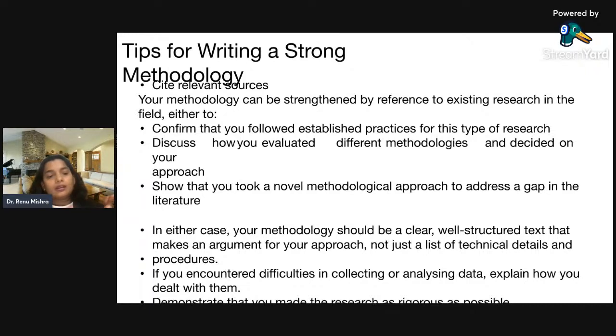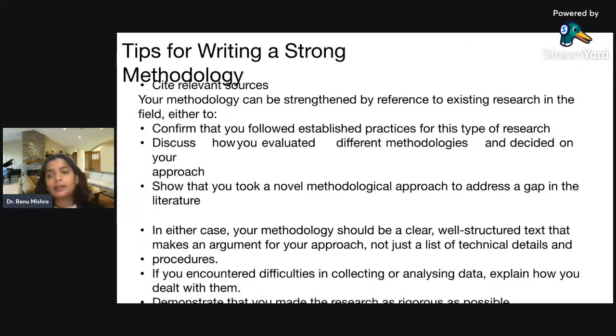Second thing, I said that when you do a literature review, it not only helps you get the variables, you should also say how your research methodology addresses a particular gap. Let's say you go through the literature review and find that a particular research problem is being studied by the majority of researchers in a qualitative way, and you have adopted a quantitative way.